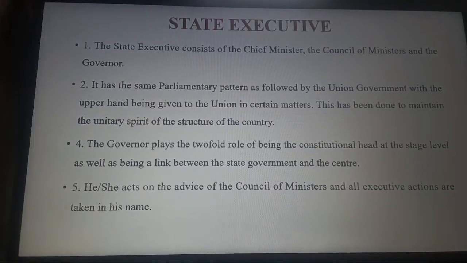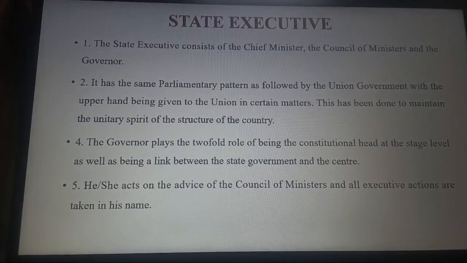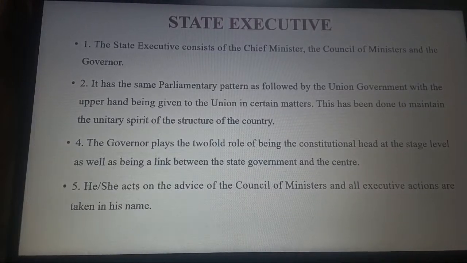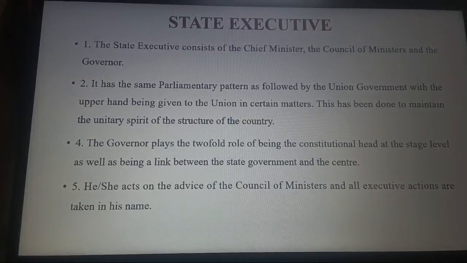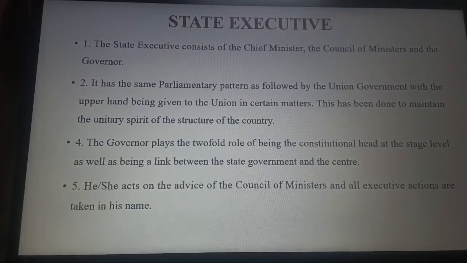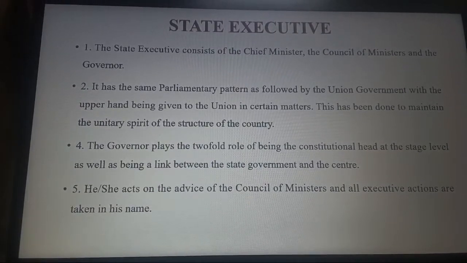State Executive. The State Executive consists of the Chief Minister, the Council of Ministers, and the Governor. It has the same parliamentary pattern as followed by the Union government, with the upper hand being given to the Union in certain matters. This has been done to maintain the unitary spirit of the structure of the country.